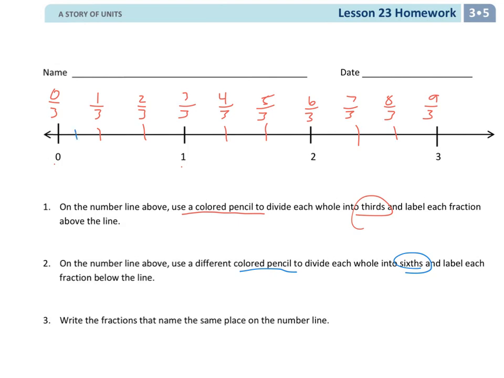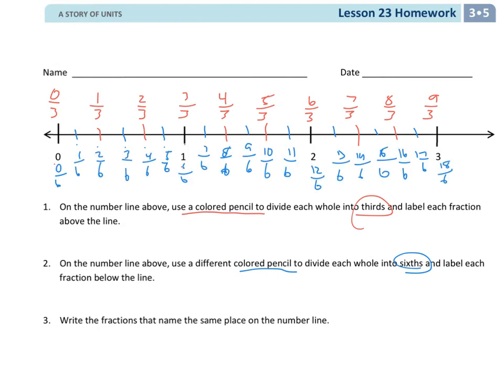So I'm going to draw my line, and now I see I have 1, 2, 3, 4, 5, 6. So there's my sixth, and I'm going to do that on each of them. And I'm going to go through and label all of my sixths down below. So there are all my fractions labeled in sixths.